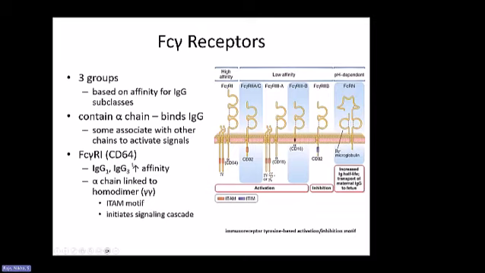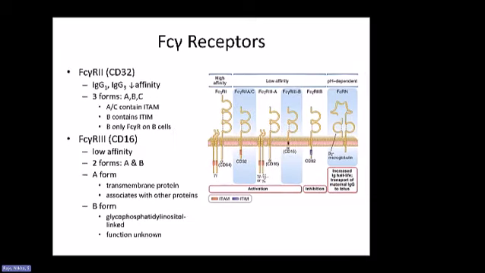Fc gamma R1, that's our CD64. It binds to IgG1 and IgG3 subclasses with really high affinity, and the alpha chain is linked to two gamma chains with ITAM motifs. Yes, R2. Fc gamma R2 is CD32.